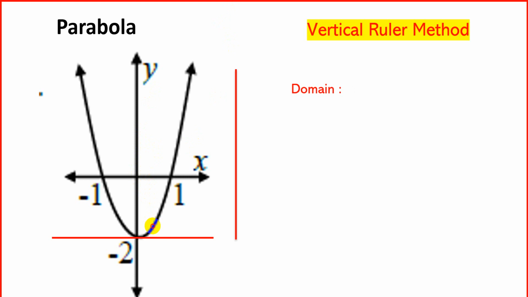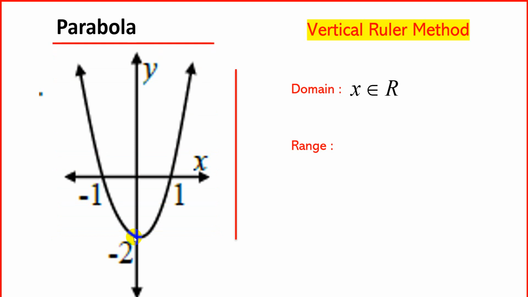So for the domain, there is no restriction, so we say x is an element of reals. But if you look at the range, the lowest value on your y-axis is negative 2. So your ruler starts to slide from there, and it goes on right till infinity, which means that y is greater than or equal to minus 2, which is the turning point. We can rewrite in set builder notation or interval notation.